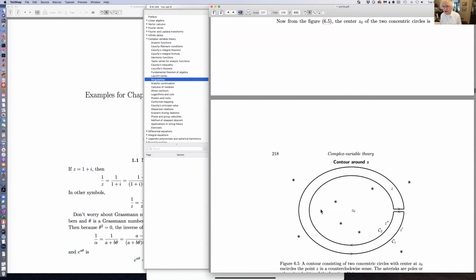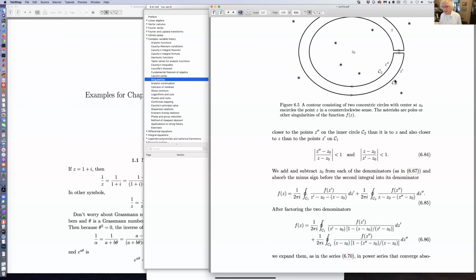We massaged the denominators and wound up with a difference of 2 infinite sums. And these converged absolutely and uniformly because Z is closer to the points on C1 than Z0 is.